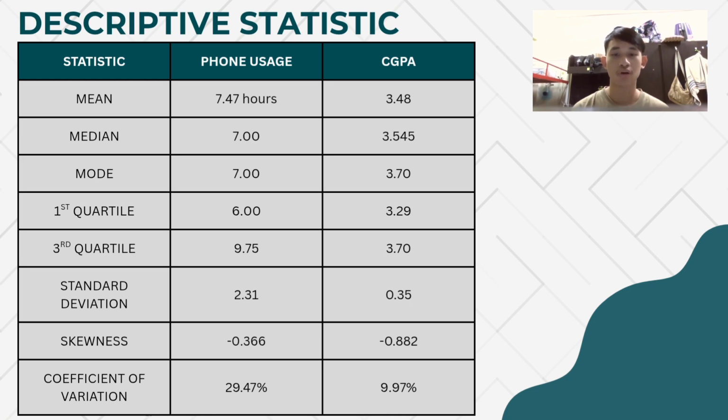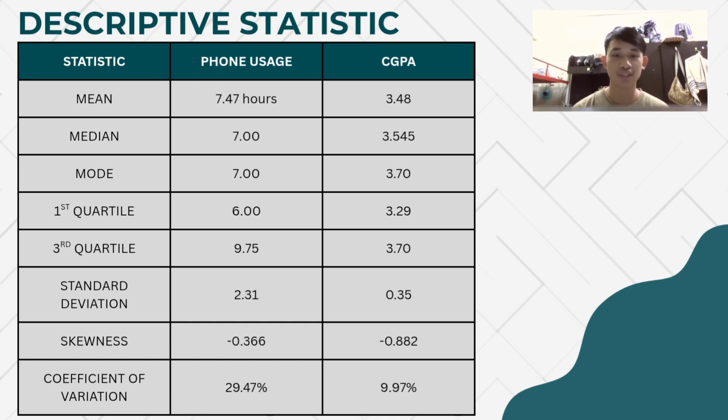The most frequent value is 7 for phone usage and 3.7 for CGPA. The first quartile shows that 25% of students use their phone less than 6 hours and have a CGPA below 3.29. The third quartile shows that 75% use their phone less than 9.75 hours and have a CGPA below 3.7.